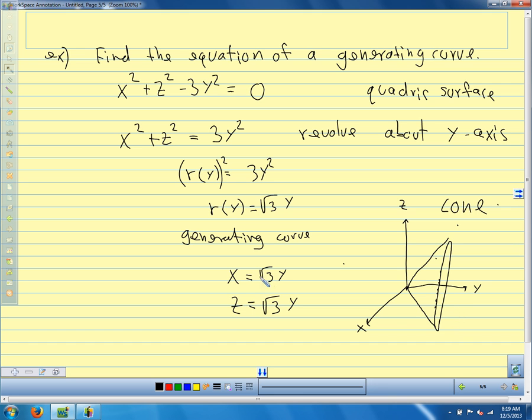And we could also extend this line in the negative direction, back this direction, and down this direction. And our cone has two parts, because our line can extend through the axis there. So this is called a double-napped cone.